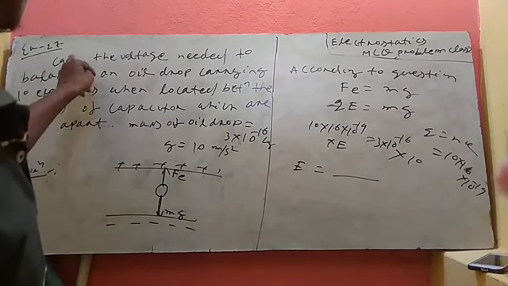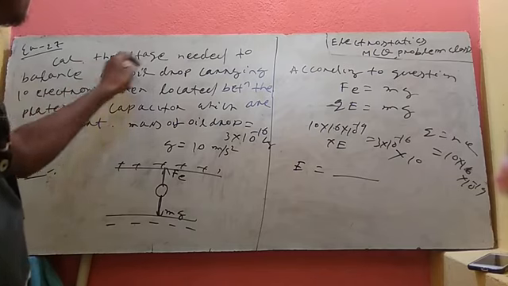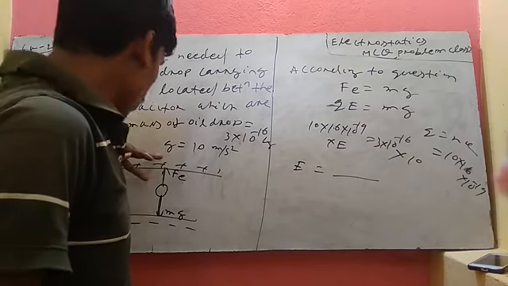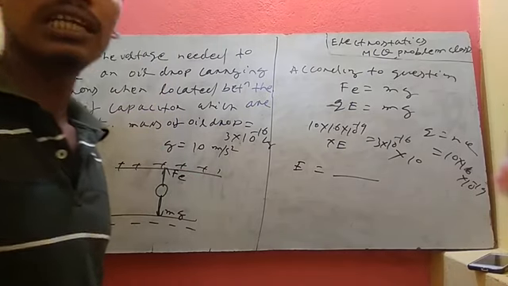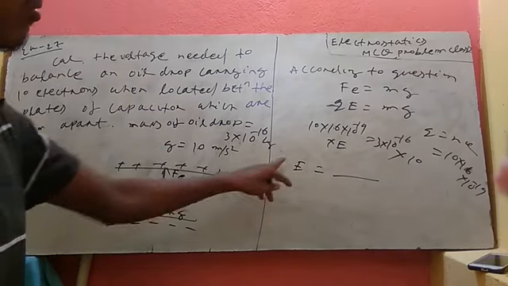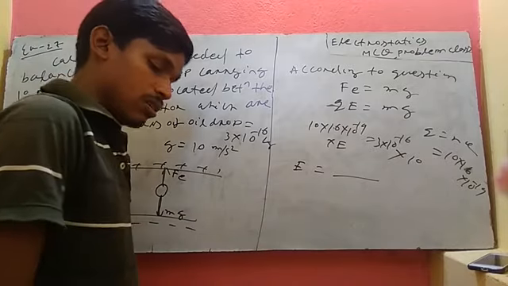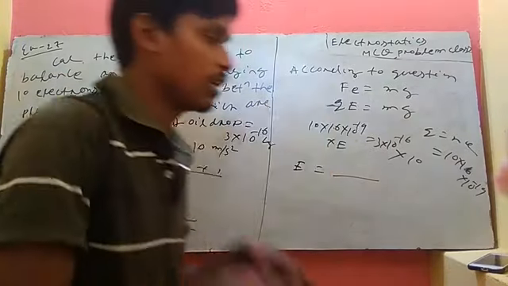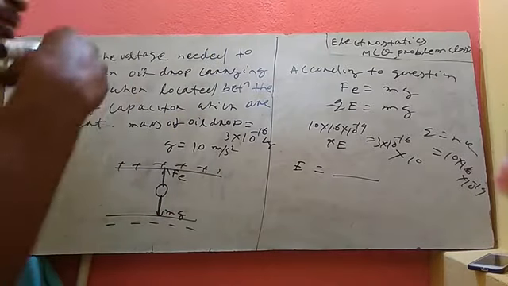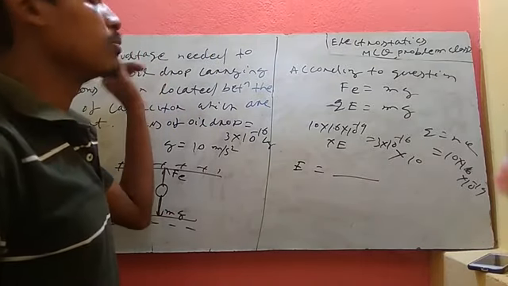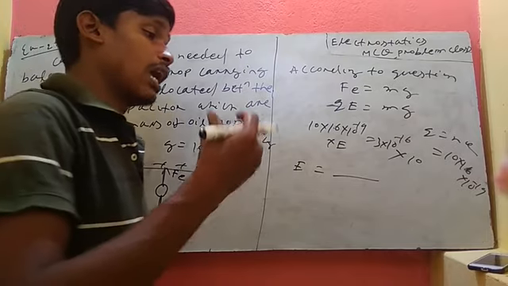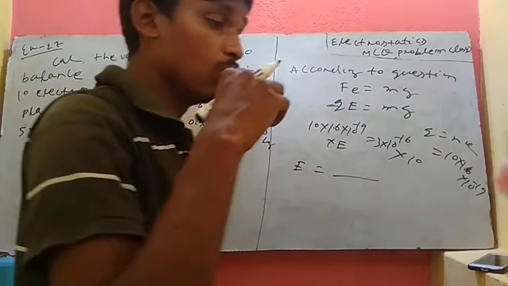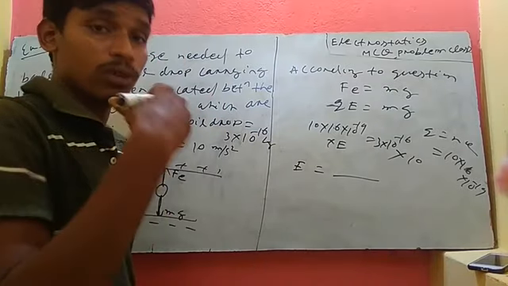But the question asks to calculate the voltage needed to balance, and that means we need the electric field between the two plates. The potential, that means voltage, you will study in the potential class.